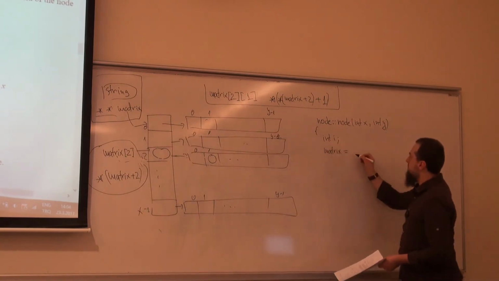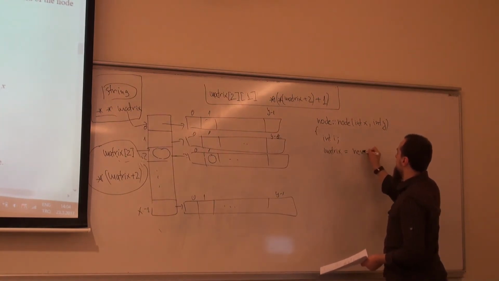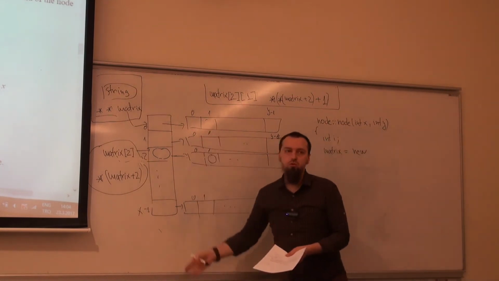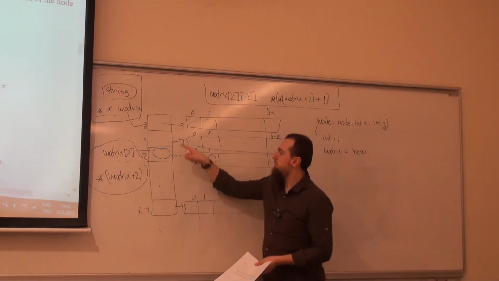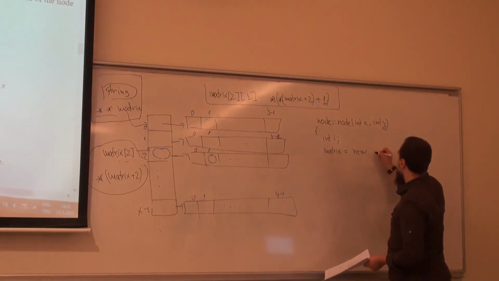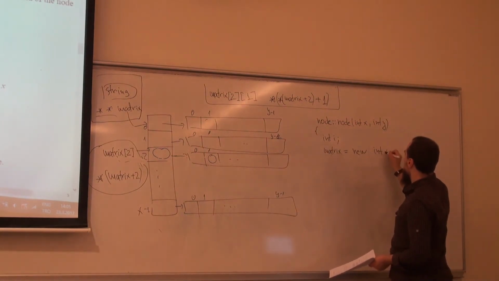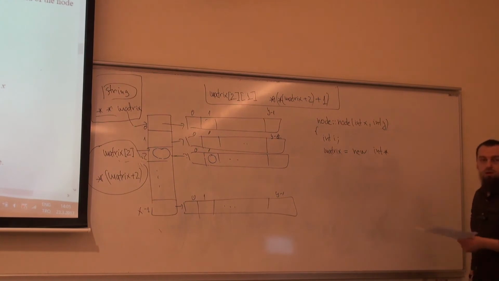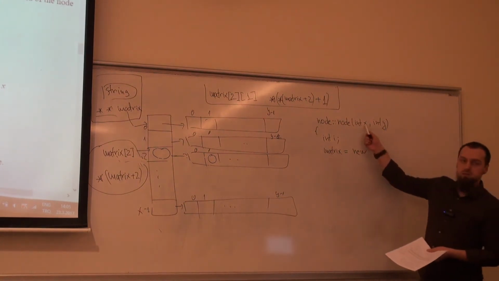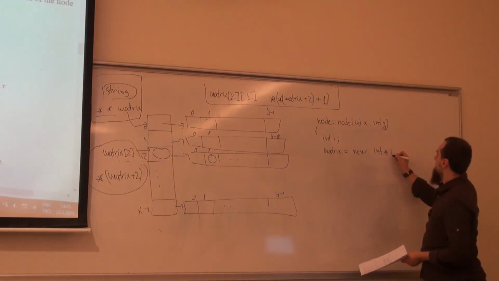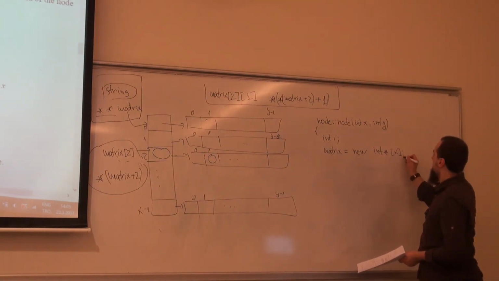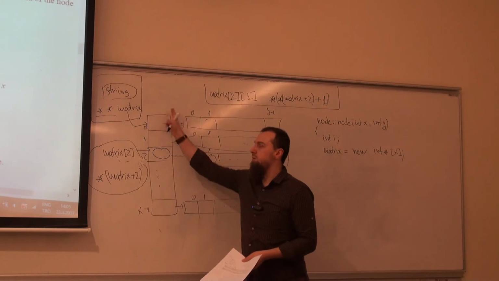So this matrix is going to be equal to new. When I say new, what is going to be allocated? Integer pointers. So these are pointers, and we need an array of integer pointers. How many do we need? x, from 0 to x minus 1. So we are done with this guy here.